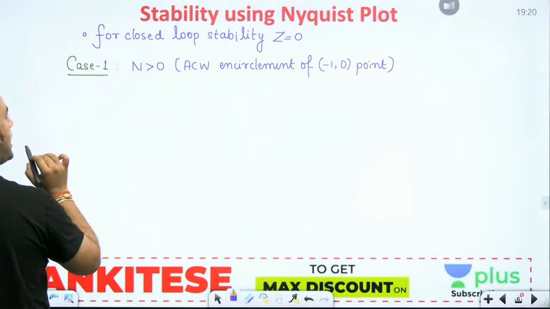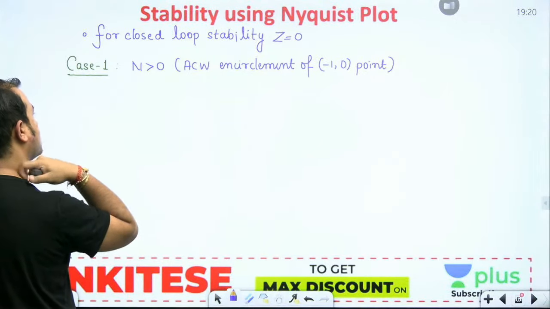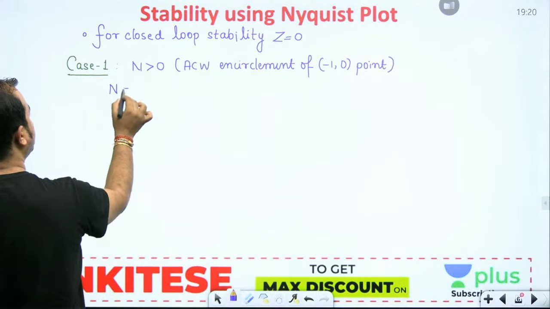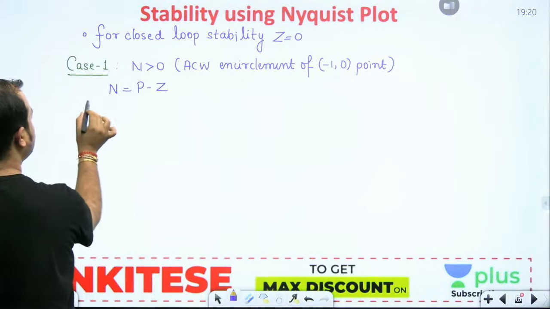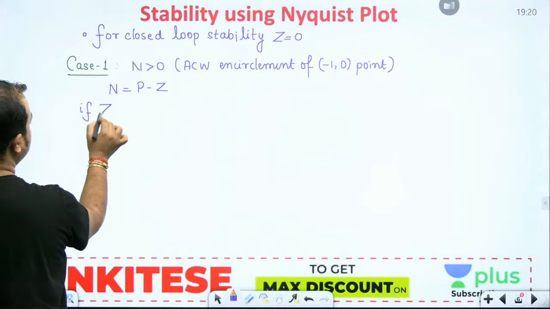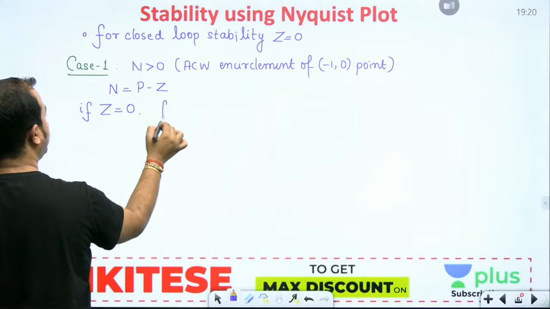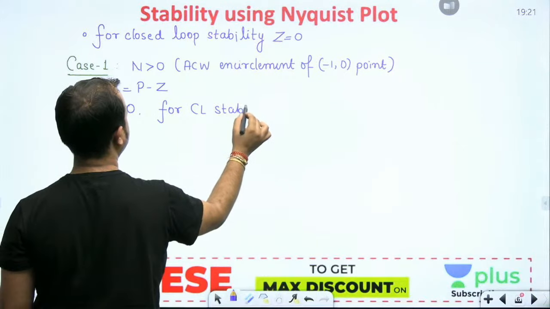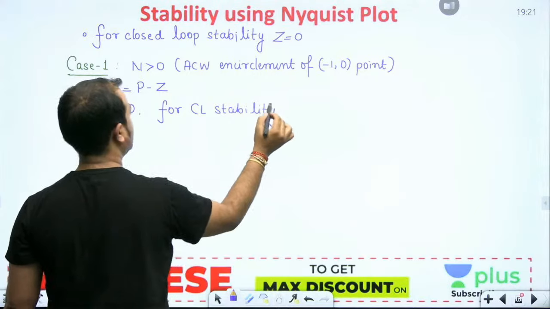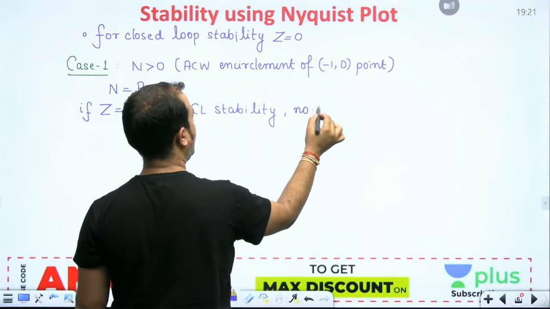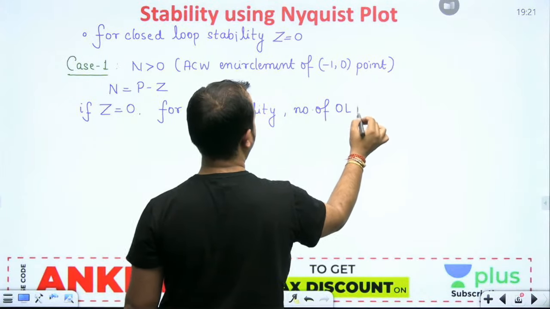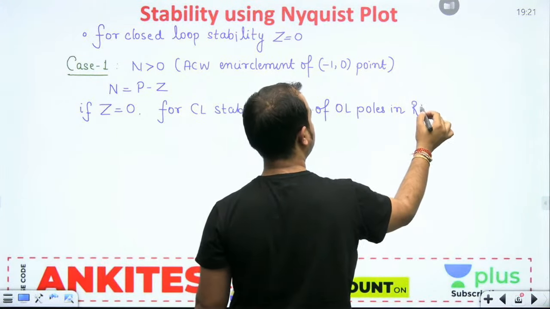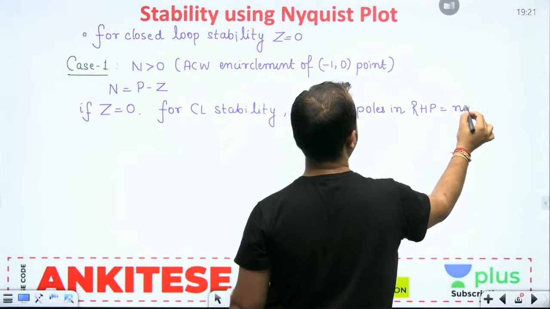If N is greater than 0 and the -1, 0 point is encircled in the anti-clockwise direction, that means for closed loop stability, the number of open loop poles in RHP is equal to the number of encirclements.